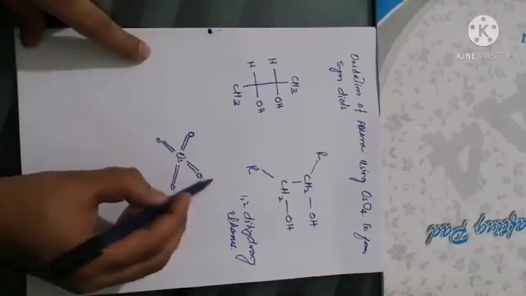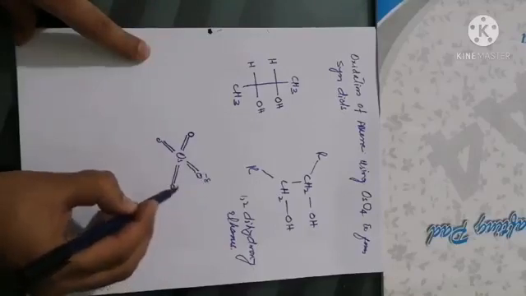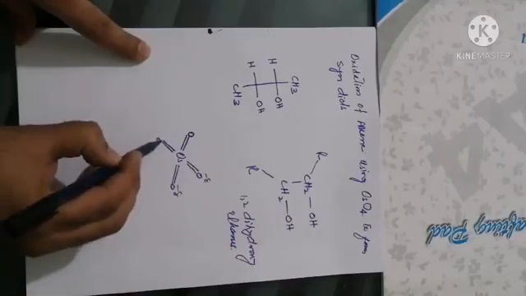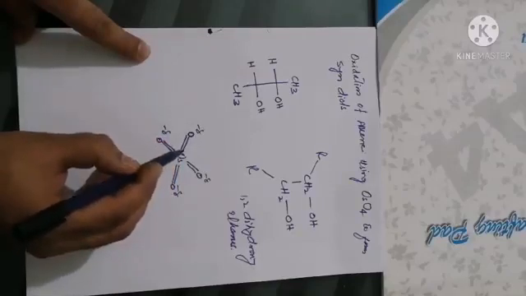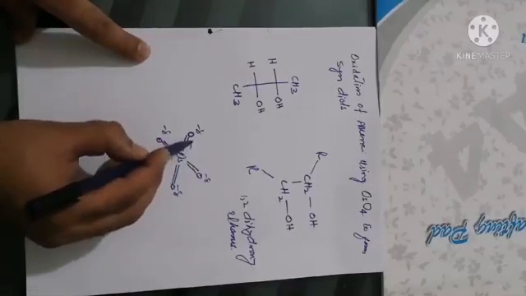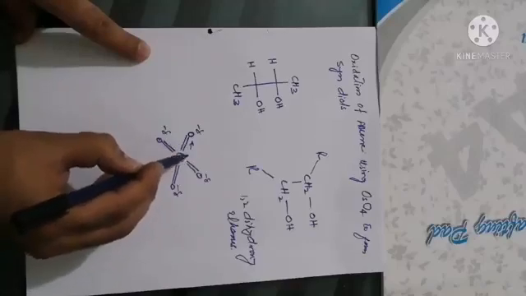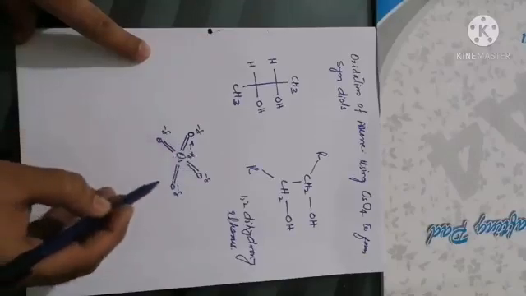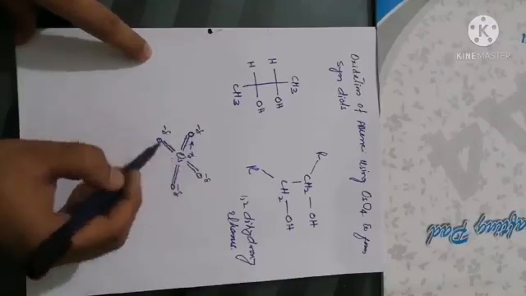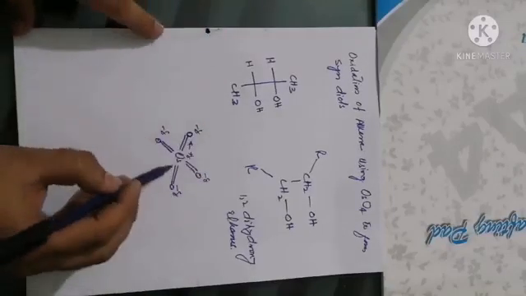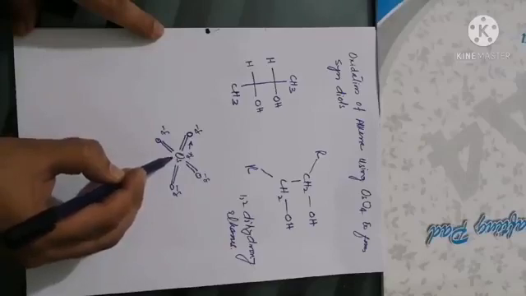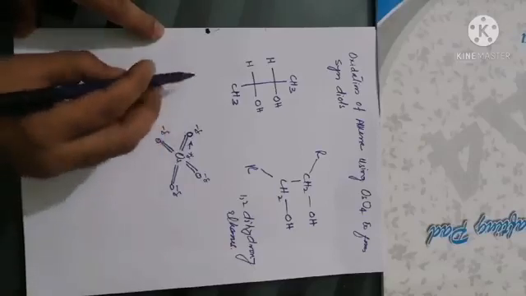Since oxygen is a highly electronegative element, it pulls the electron density towards itself, making osmium a little electron deficient. Since all four oxygen atoms are pulling electron density towards themselves, osmium becomes a good electrophile.